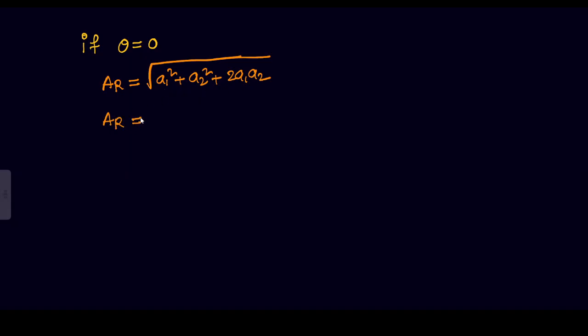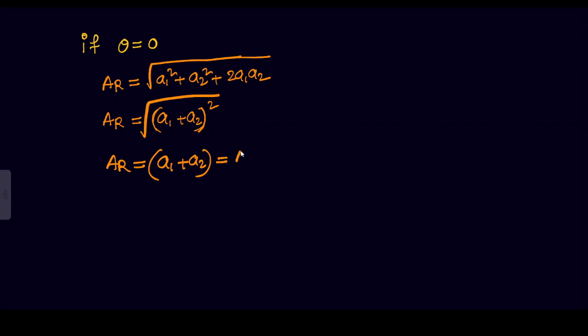So the intensity is A1 plus A2 whole square, and for the amplitude, with the root, AR comes to be A1 plus A2. We are adding these. In this case, the intensity is maximum. This is called A max, the maximum amplitude.